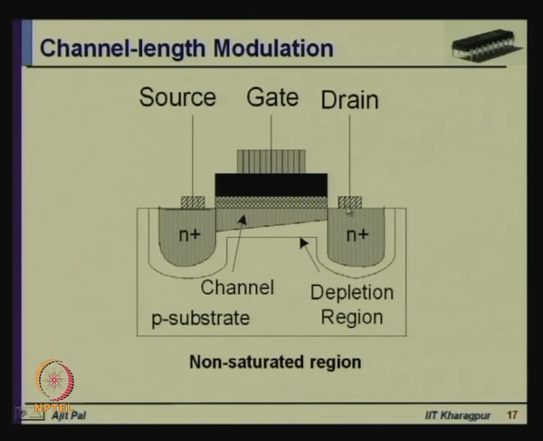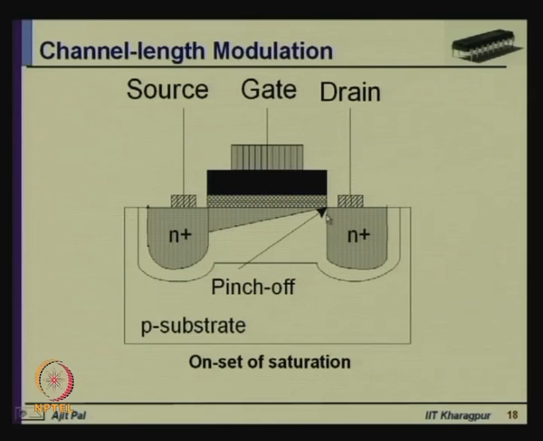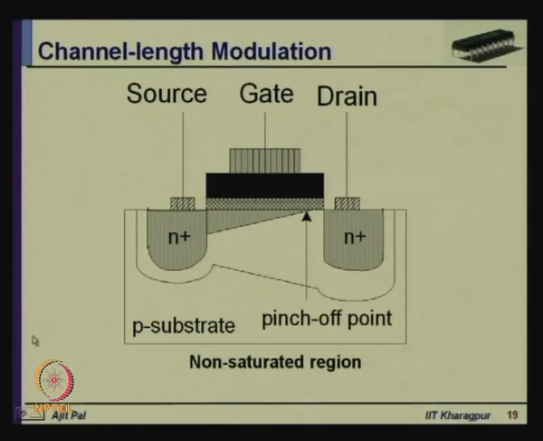As we further increase the drain voltage, at some point very close to the drain there is no carrier, that means it becomes pinch off. If we increase the drain voltage further, you will find that the pinch off point moves towards the source.